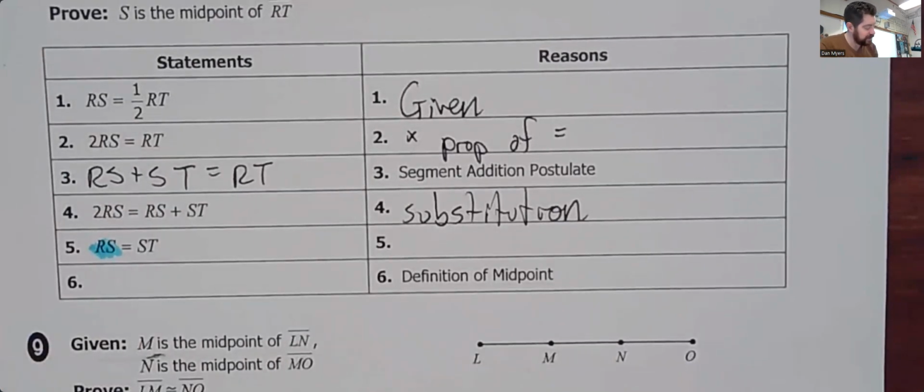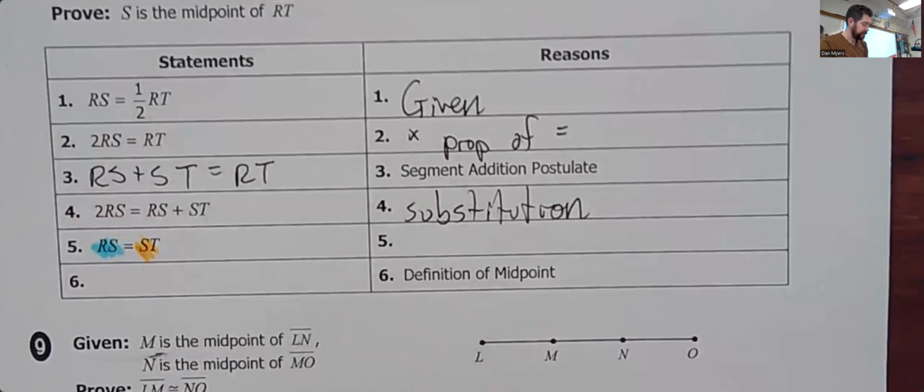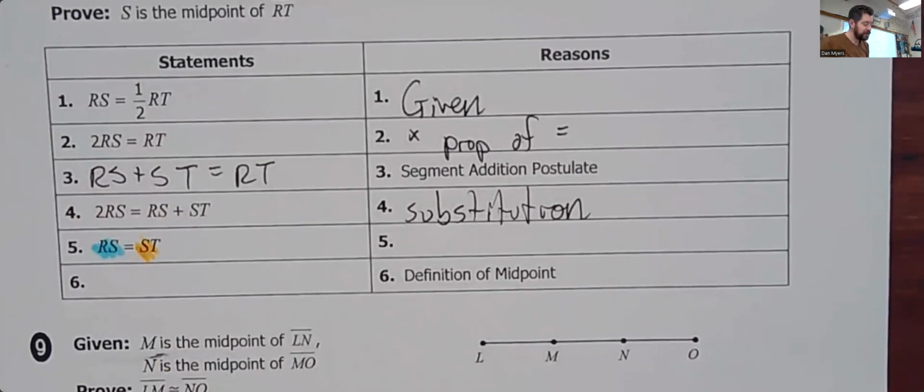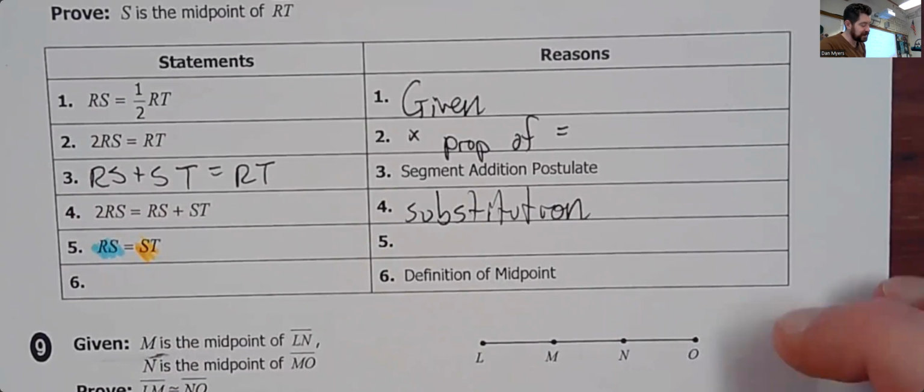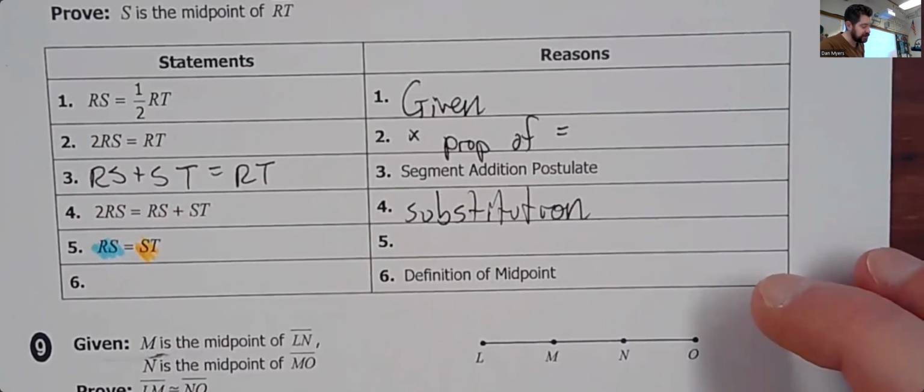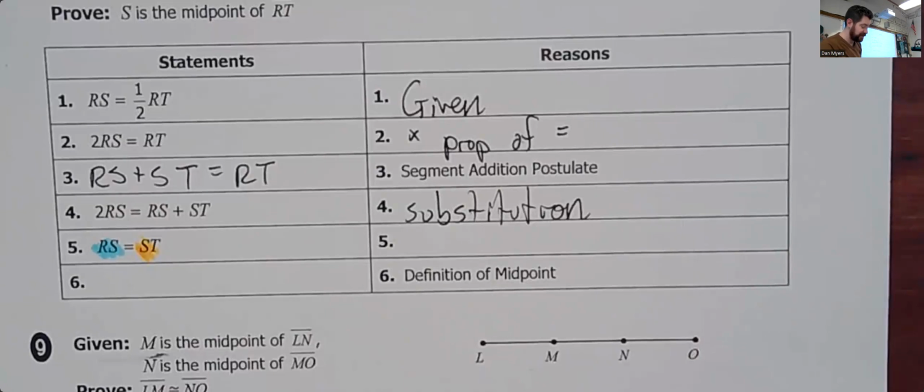And then here's our third thing, ST. And then let's see, where are those equal to? RS and ST. Actually, ooh, you know what? It's not though. It's not the transitive property. I lied. It's not transitive.